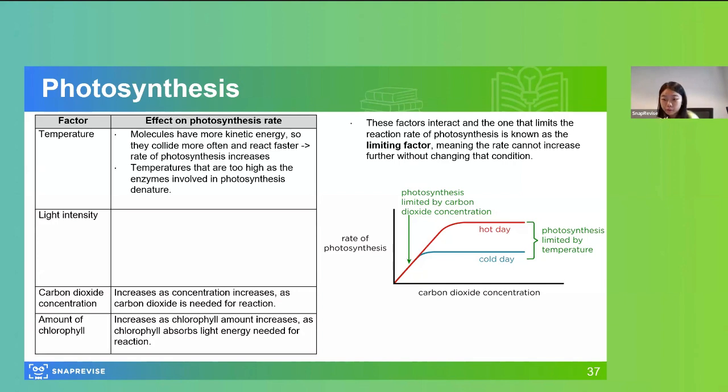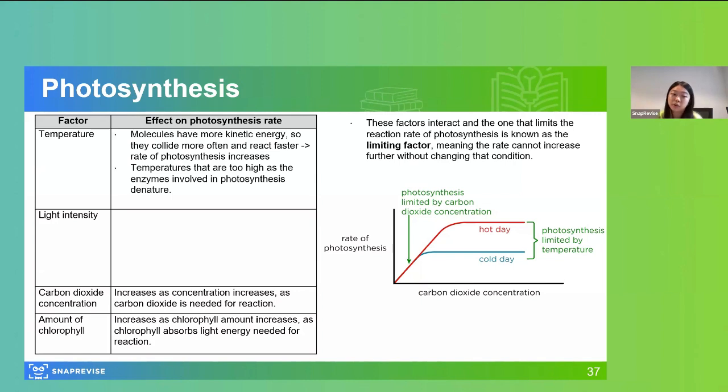There is also a graph showing you the difference between a cold and a hot day. You can see that on a cold day, it's going to plateau a lot earlier than on a hot day. This is where it starts plateauing, at around 20% carbon dioxide, which is already going to stop having an effect. On a hotter day, with a higher temperature, you can see that it plateaus a lot later because temperature is not as high of a limiting factor.